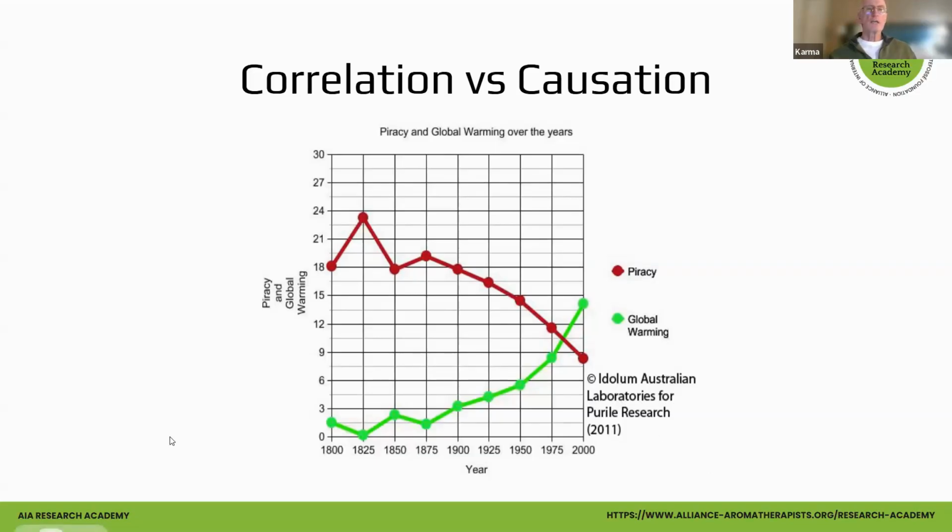And it shows here that global warming is going on. That's not good, but at least it's bringing down the number of pirates. Well, these things have nothing to do with each other. The other thing is piracy and global warming is on the same scale.